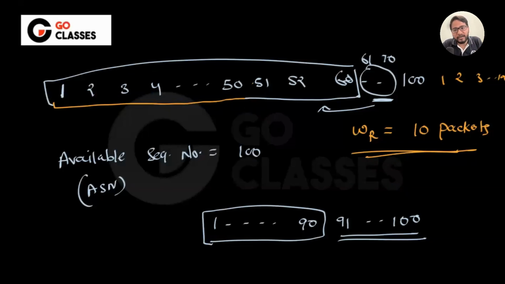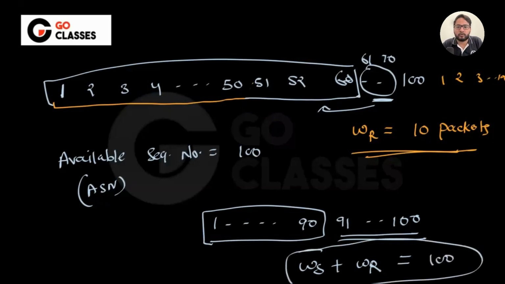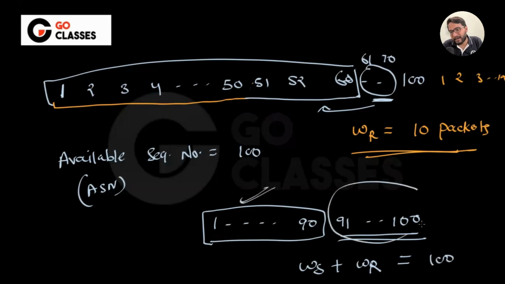Whatever the sender is sending, the sender window size plus whatever the receiver might expect next should be less than or equal to the total, and for now let me just call it equal to 100. Whatever you are sending plus whatever the receiver may expect next should be 100. If you want to send 95, then the receiver window size cannot be more than 5.